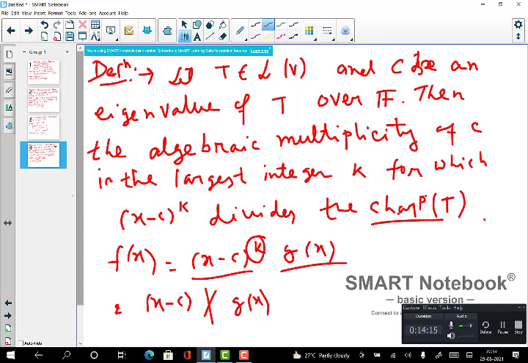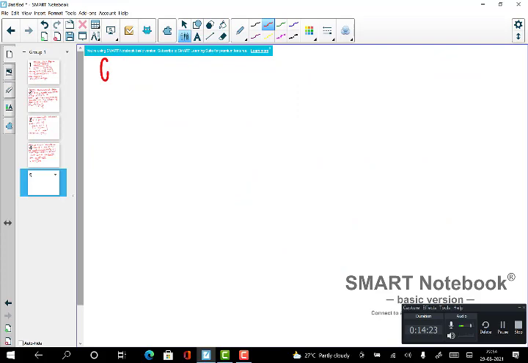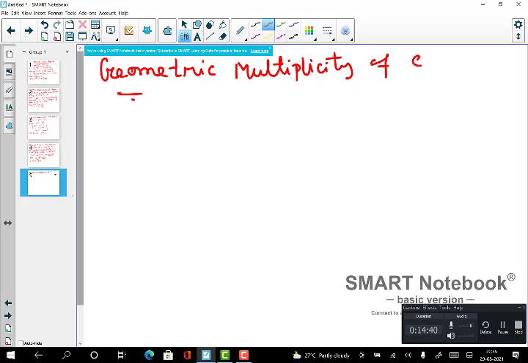Okay, and then there will be one more definition. This is called algebraic multiplicity, and the other one is called geometric multiplicity of this c. So what does that mean?